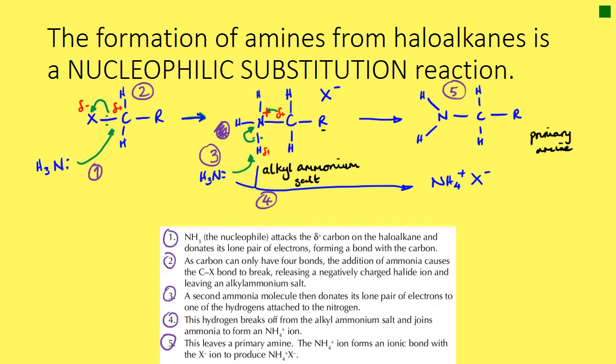Now, the first thing that's going to happen is that these electrons that are being shared in this covalent bond between the halogen and the carbon are going to be greedily grabbed by the halogen because it's more electronegative than the carbon. So we illustrate that with what's called a curly arrow, and the curly arrow is a technical term that you might see in exam questions.